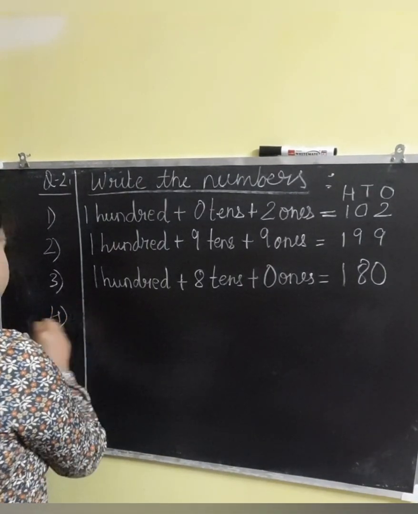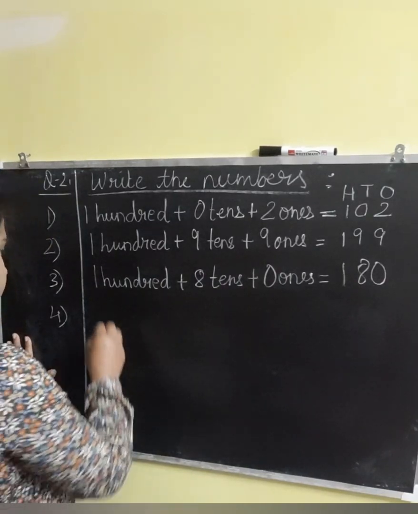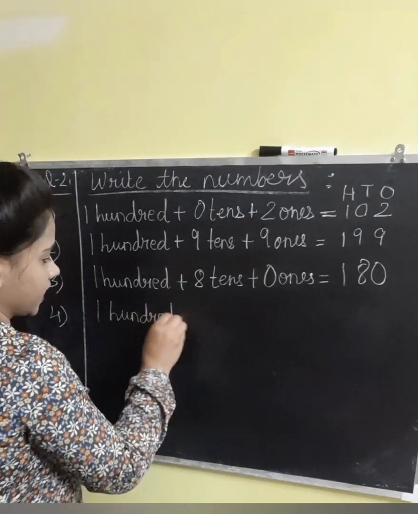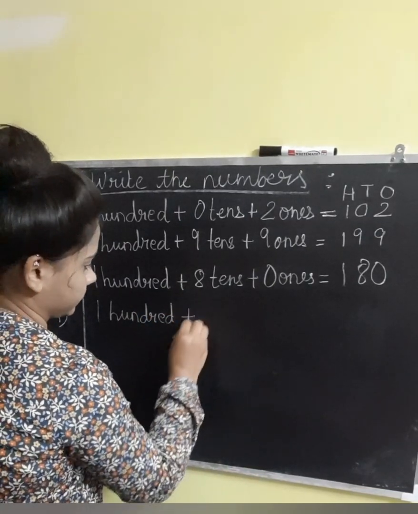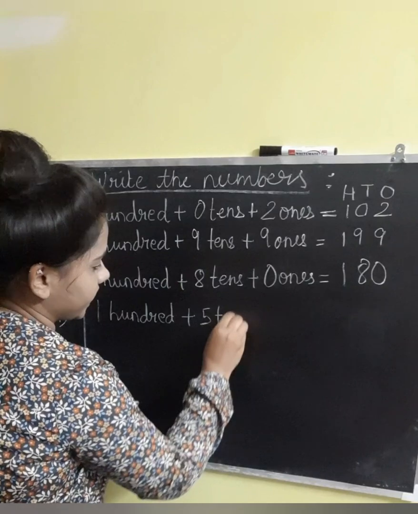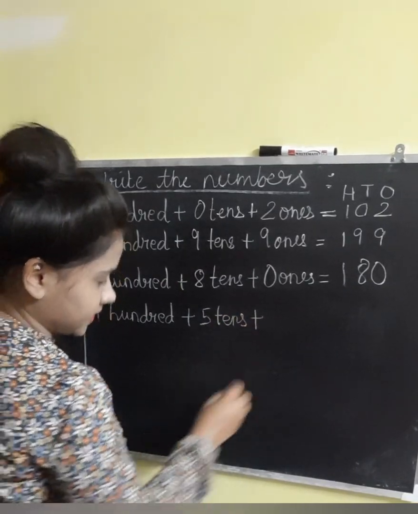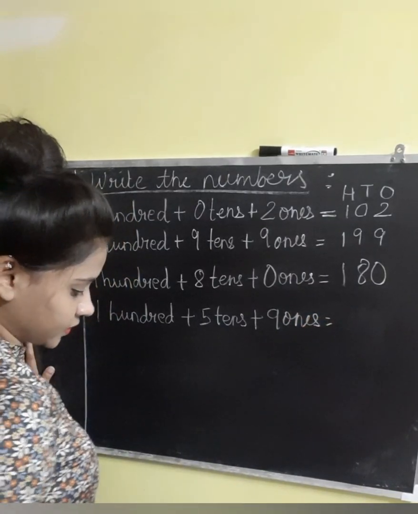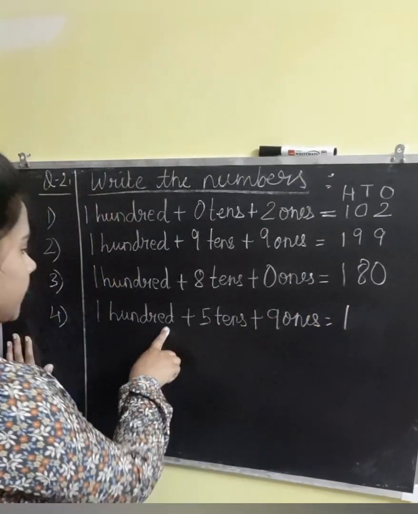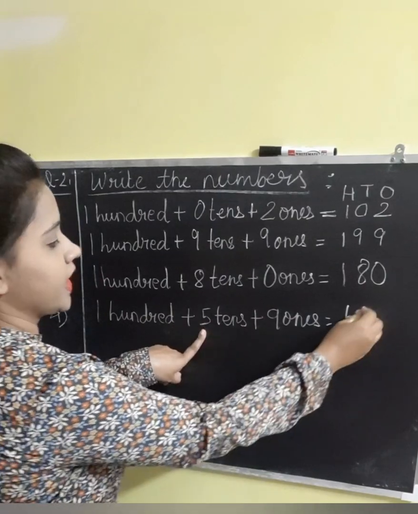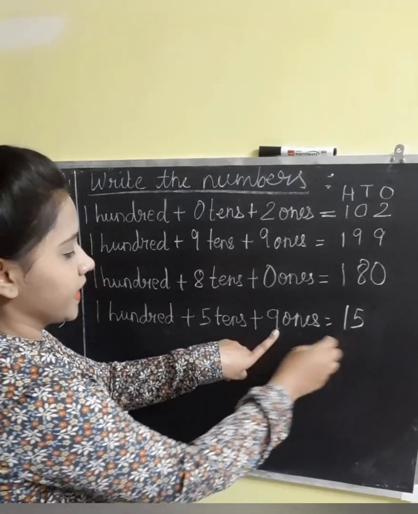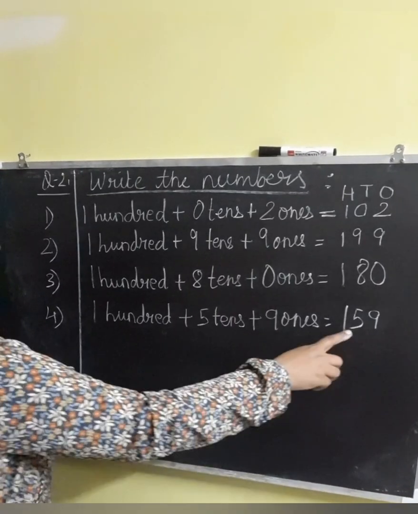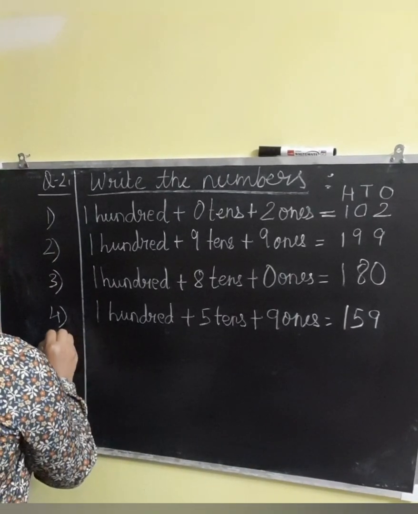Now the fourth part is 100 plus 5 tens plus 9 ones. Okay. So 1 at hundreds place, 5 at tens place, and 9 at ones place. Okay. So here comes the digit 159.